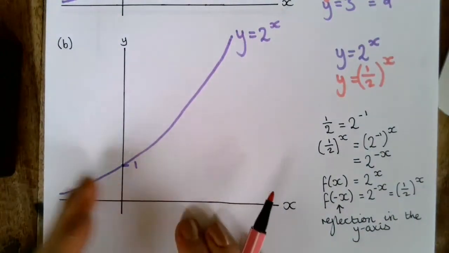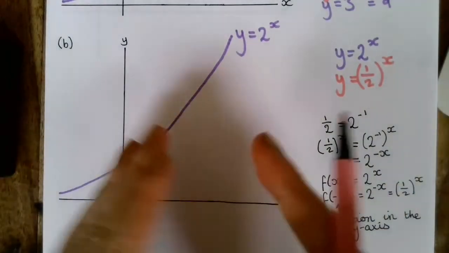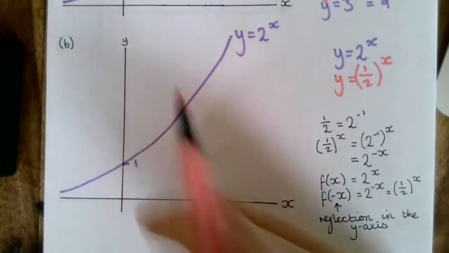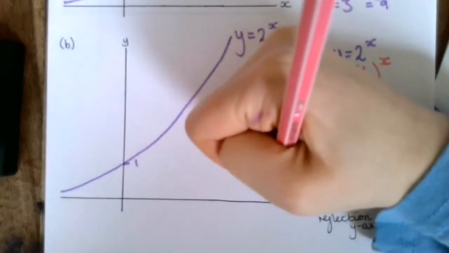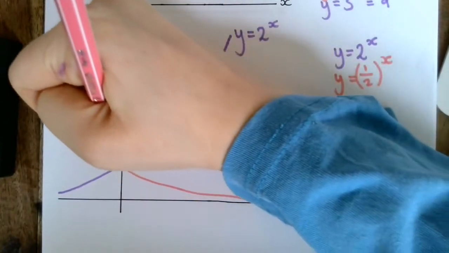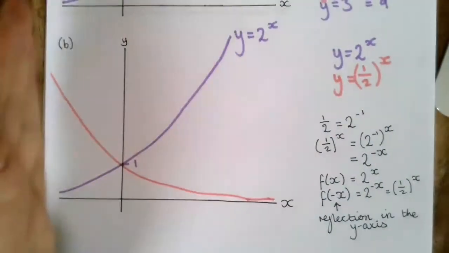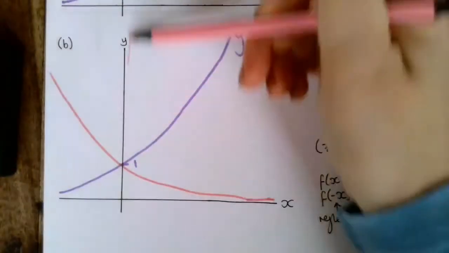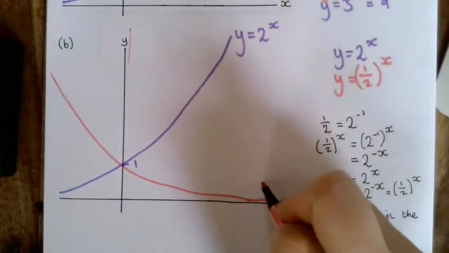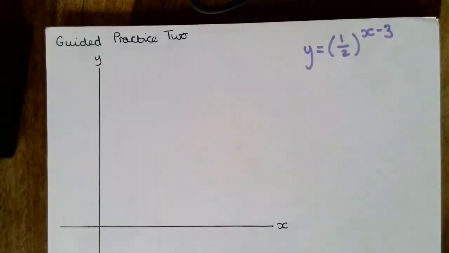I could have really extended my axes to properly show that that is a reflection in the y-axis, but it's as if we're putting a mirror here. So we're going to have something looking like that, where it would be a mirror image if we had a mirror going down the y-axis. So that's y equals a half to the power of x.